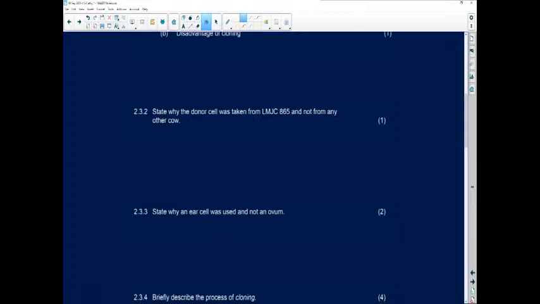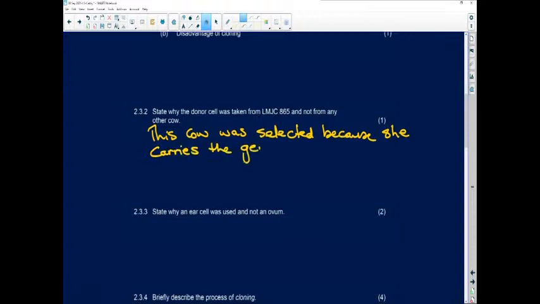Well, guess what? This cow was selected because she carries the genes for a high average milk production.